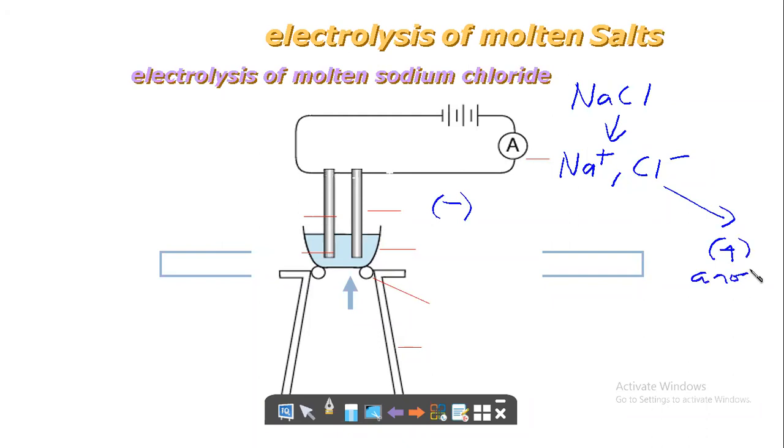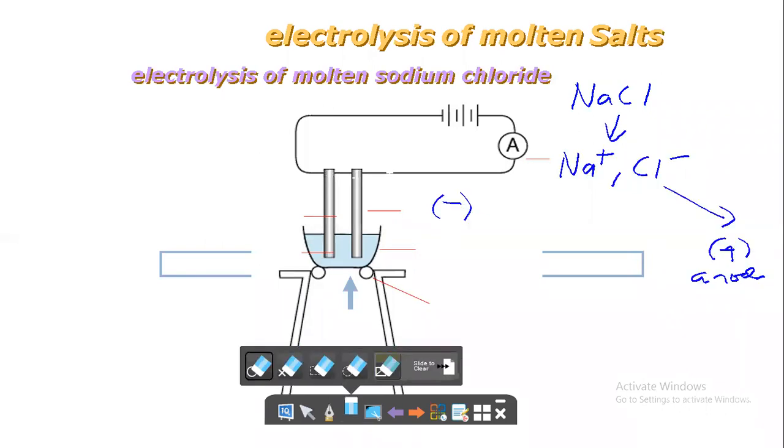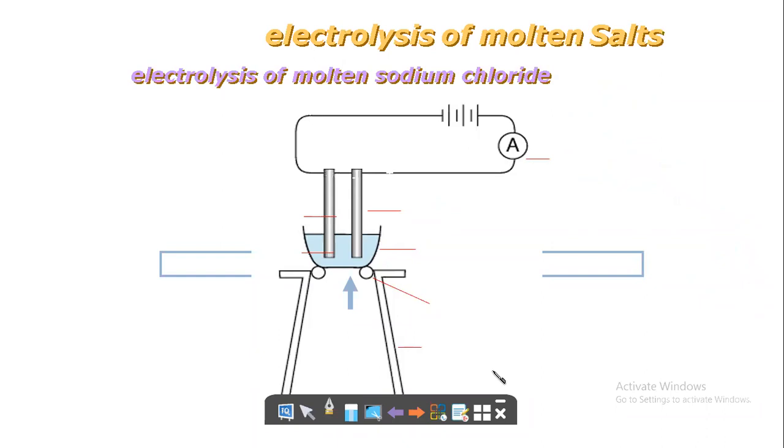Like I said yesterday, first you identify which ion will go to which electrode, and then you write the half equation. When you write the half equation, it will tell you which product will be formed. These are the three main questions that are asked in the exam. For this example about molten sodium chloride, the keyword here is molten.